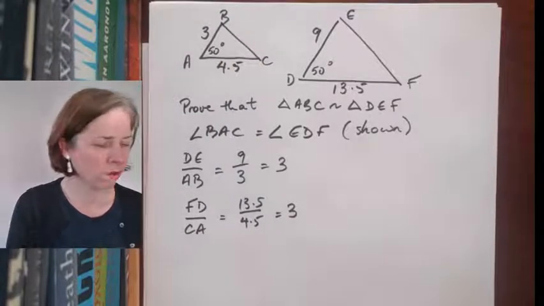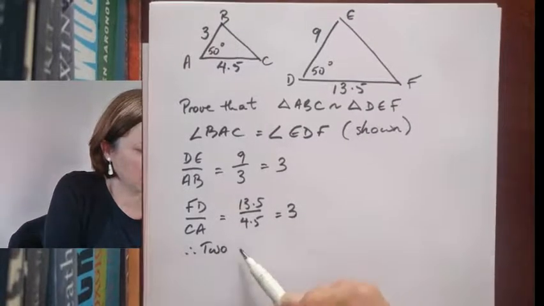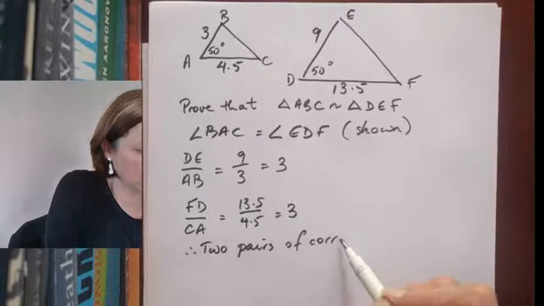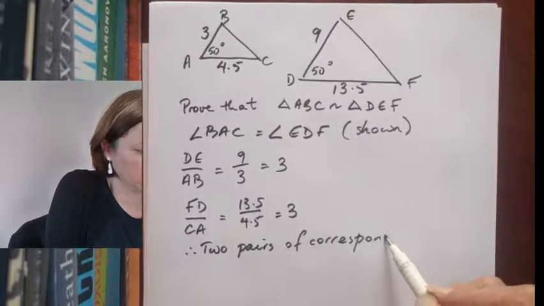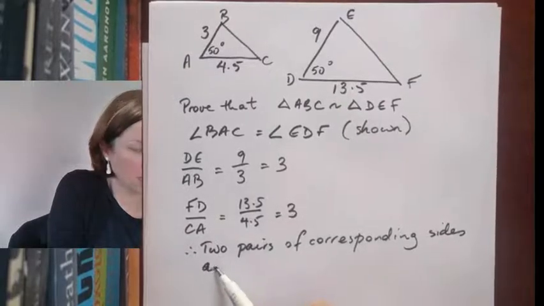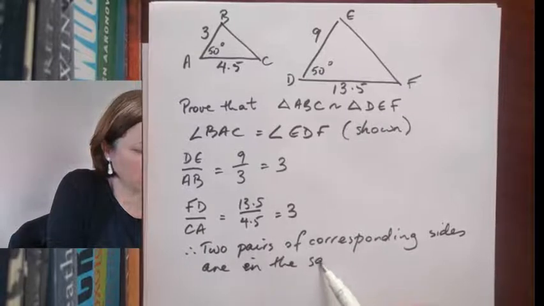Okay, so what I've shown now is therefore two pairs of corresponding sides are in the same ratio.